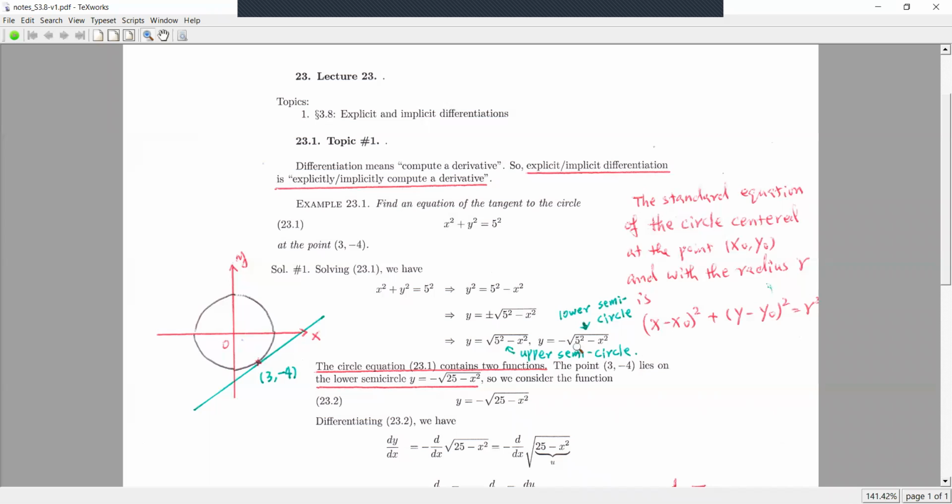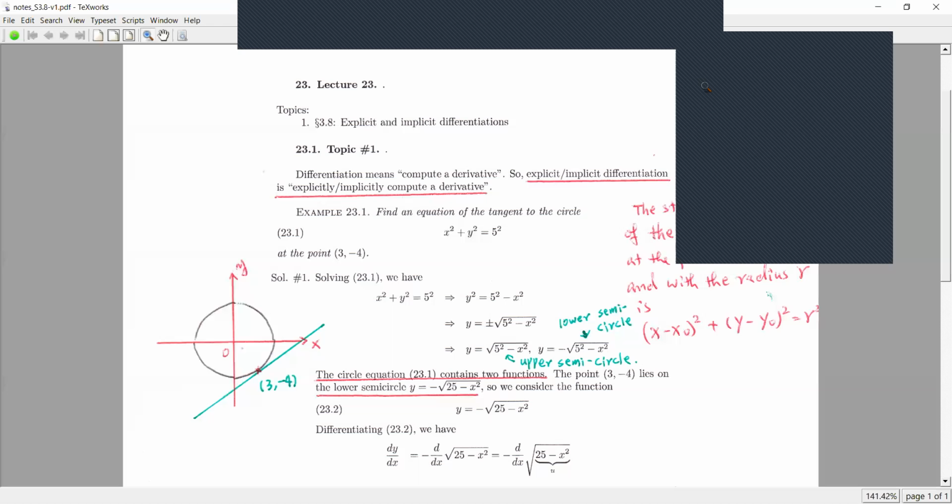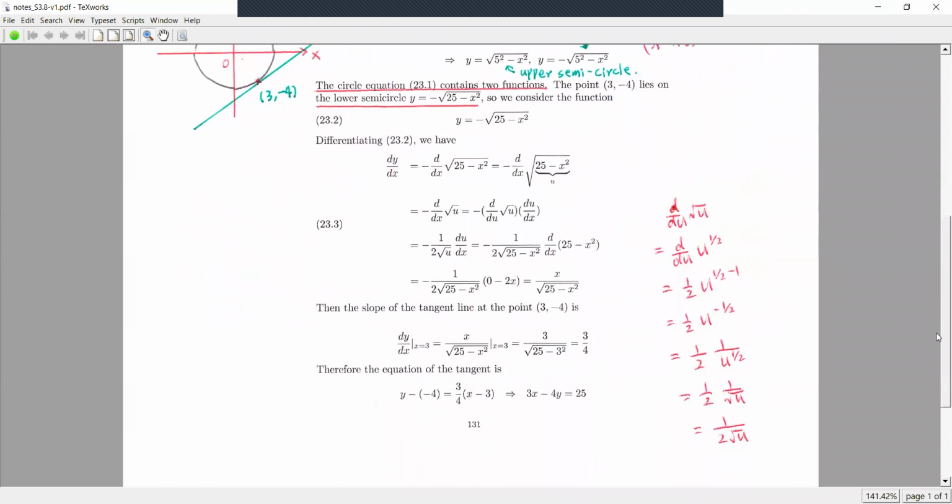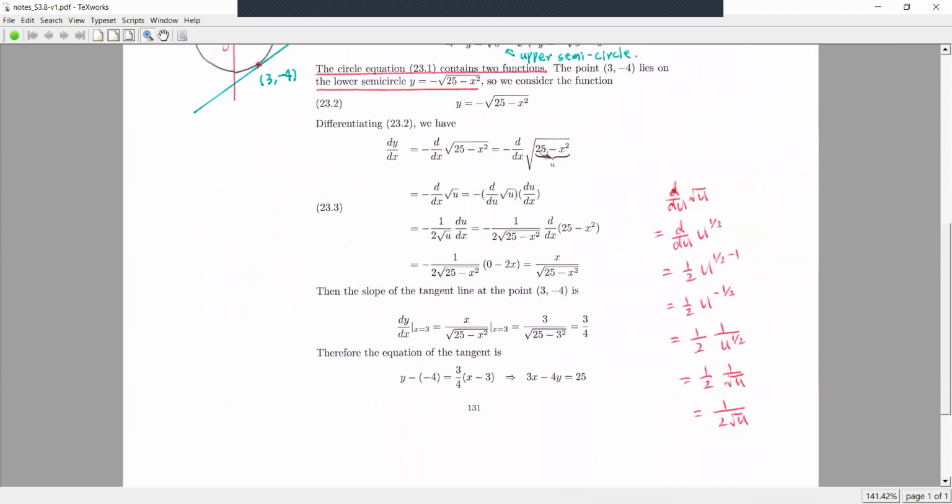To compute the derivative of this function, we can only use the chain rule. Let u be 25 minus x squared. Then the function becomes just square root of u.